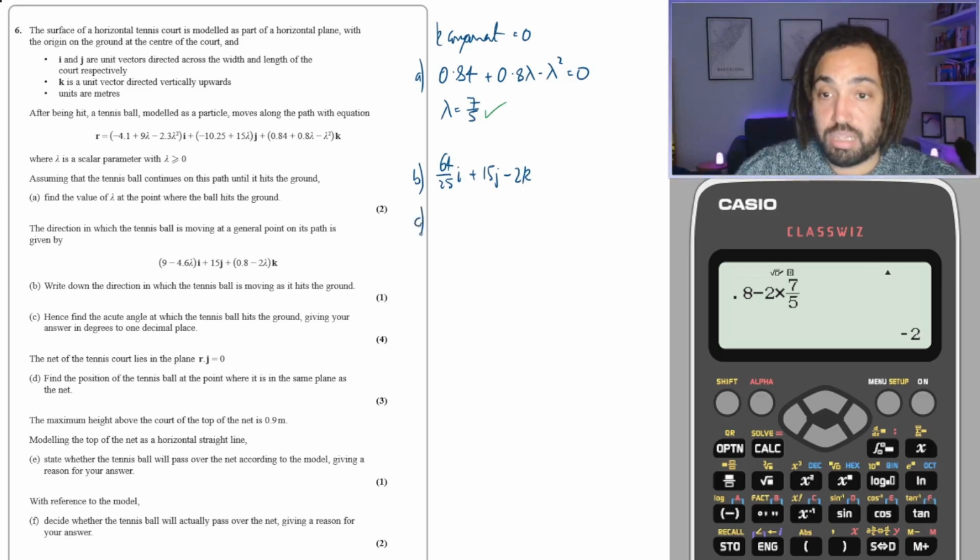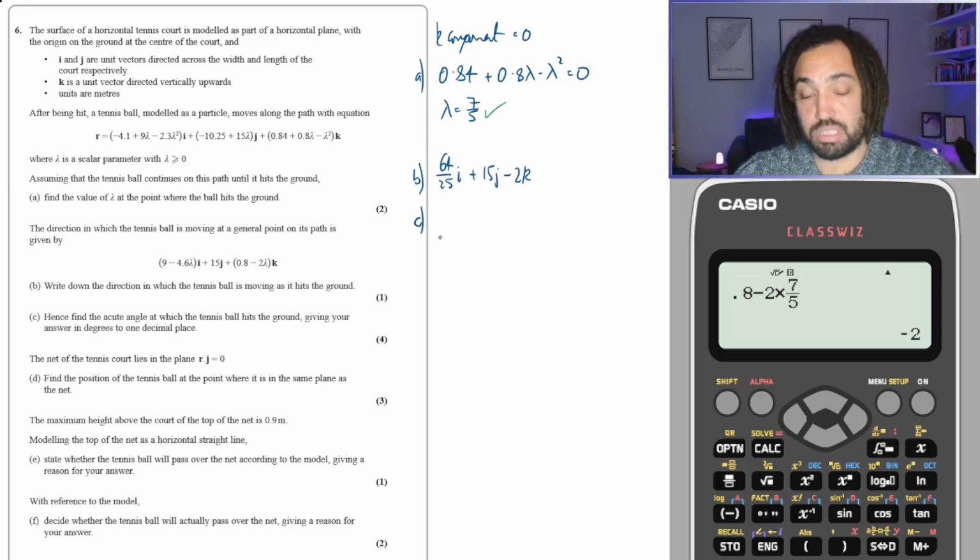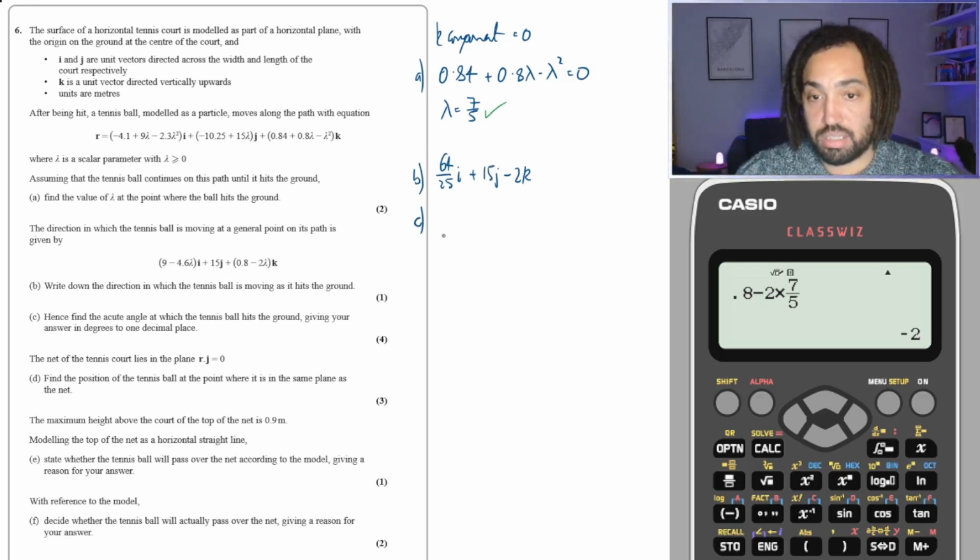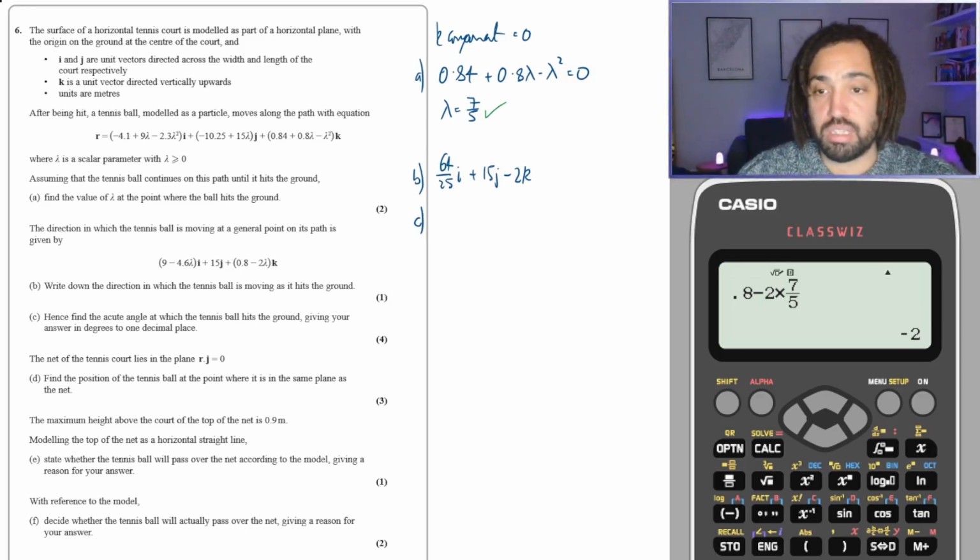Great. Part C, hence find the acute angle at which the tennis ball hits the ground, giving your answer in degrees. So this is the direction that it's moving in, and we need to find the angle that it makes with the ground, and the ground is a plane.